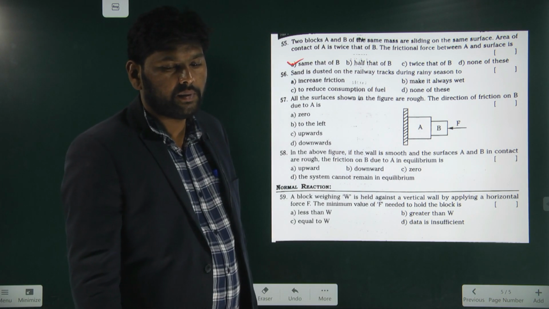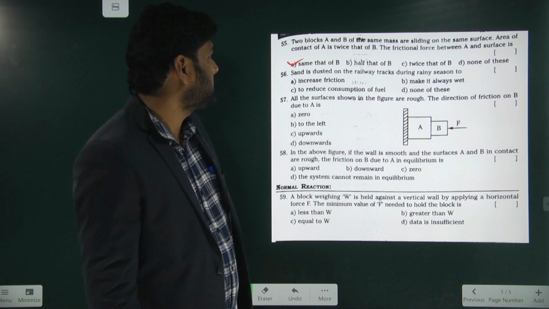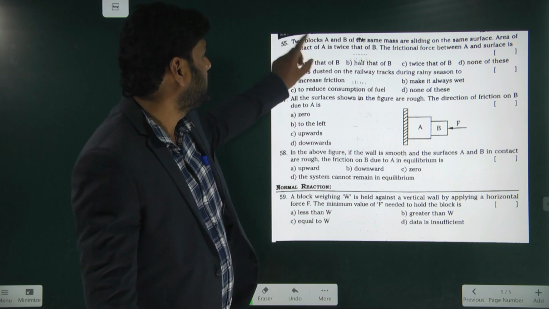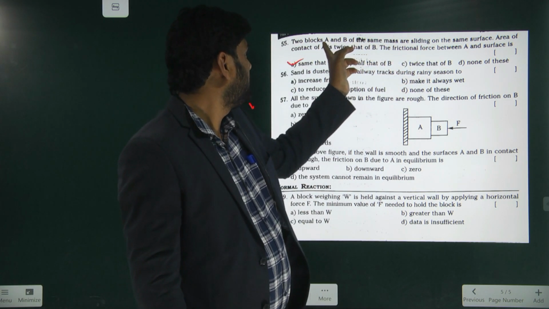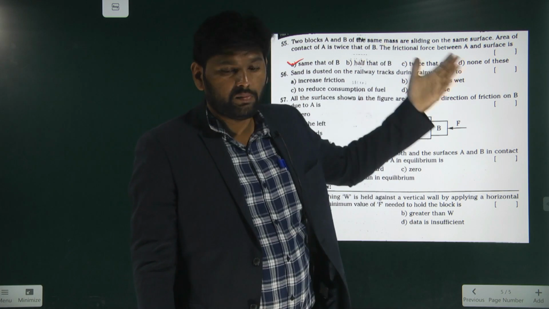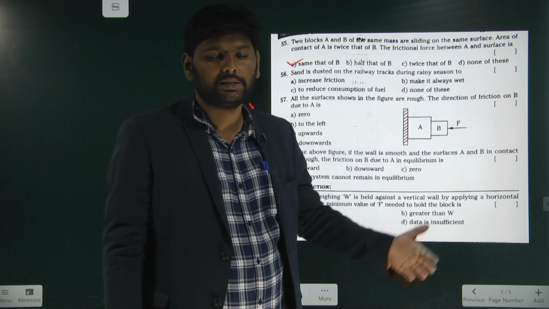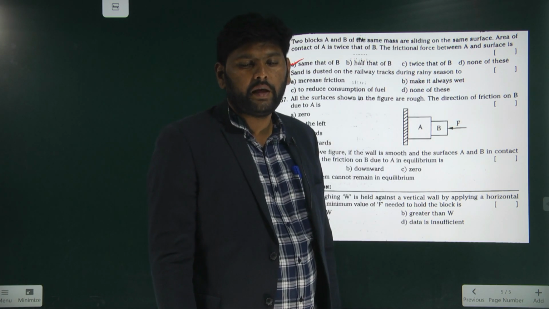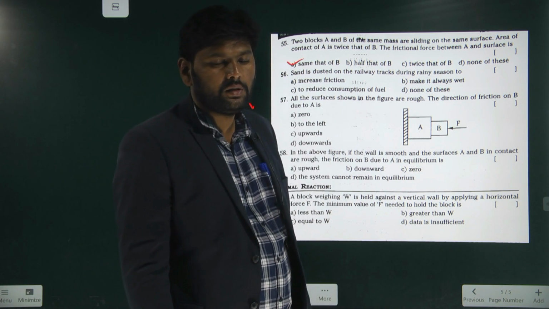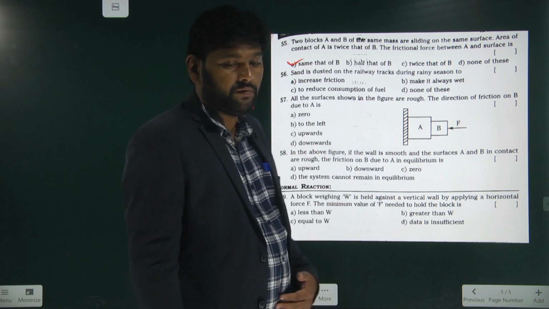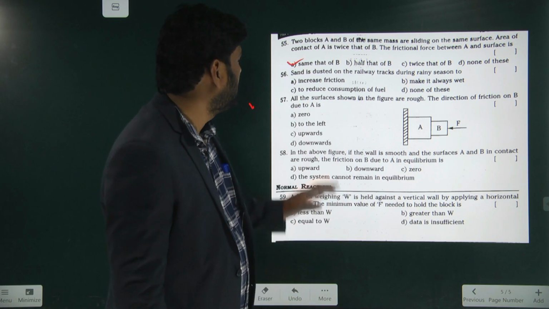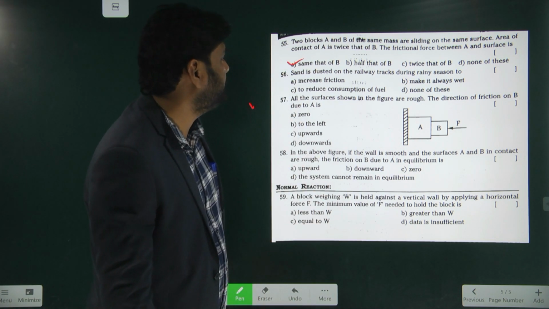It only depends upon the normal reaction. Since in both cases the weight is the same, blocks A and B have the same mass, they provide the same normal reaction. When they provide the same normal reaction, they provide the same frictional force.